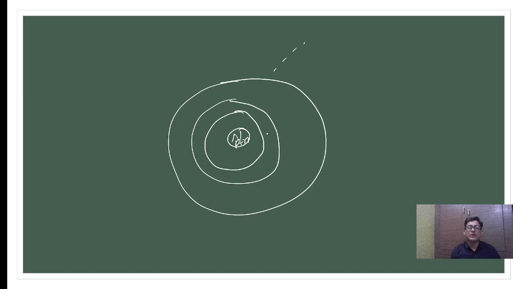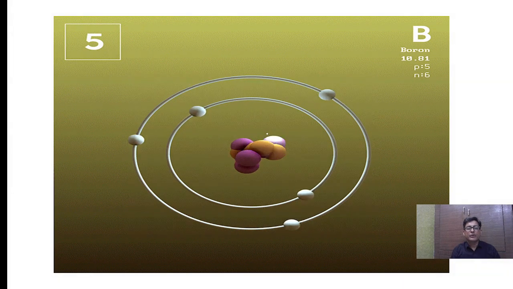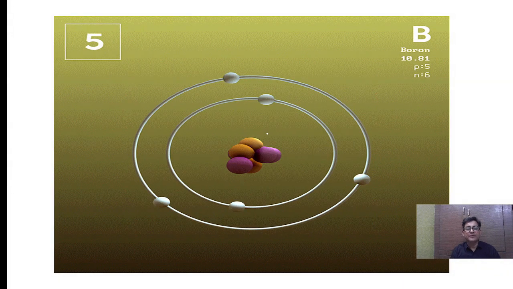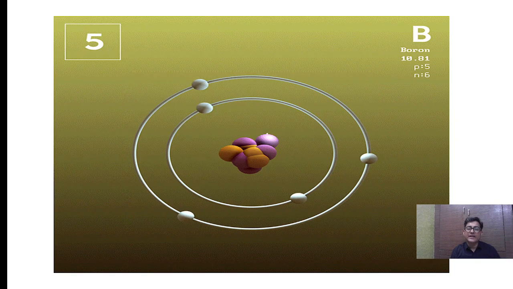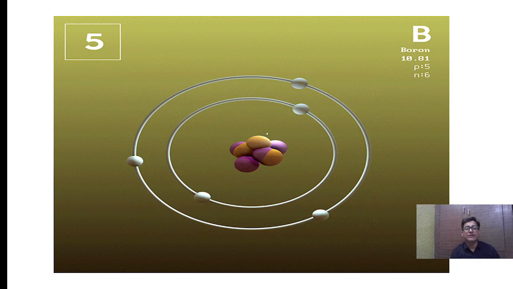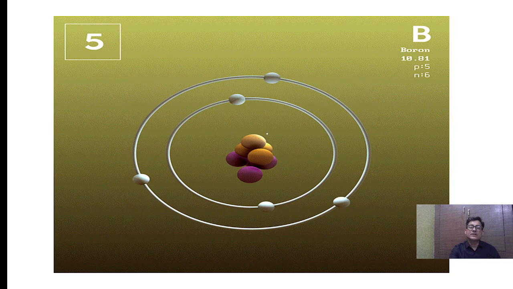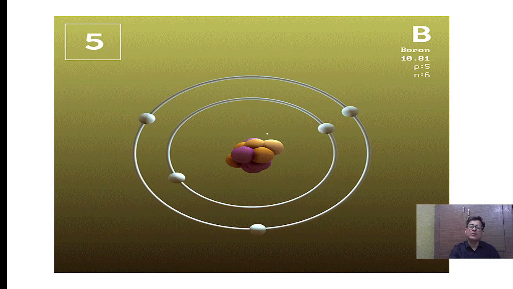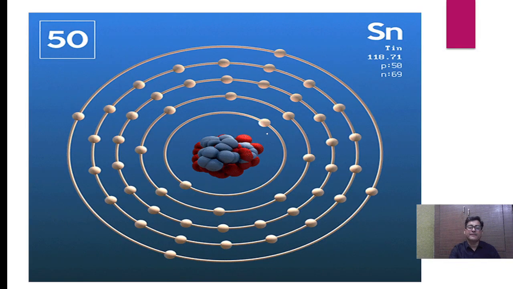If we apply Bohr's model to a multi-electron atom, it appears as you can see on your screen. At the center of an atom, protons and neutrons are present and electrons move in well-defined circular paths called orbits. This is the atomic model of boron, and the second one is of tin.